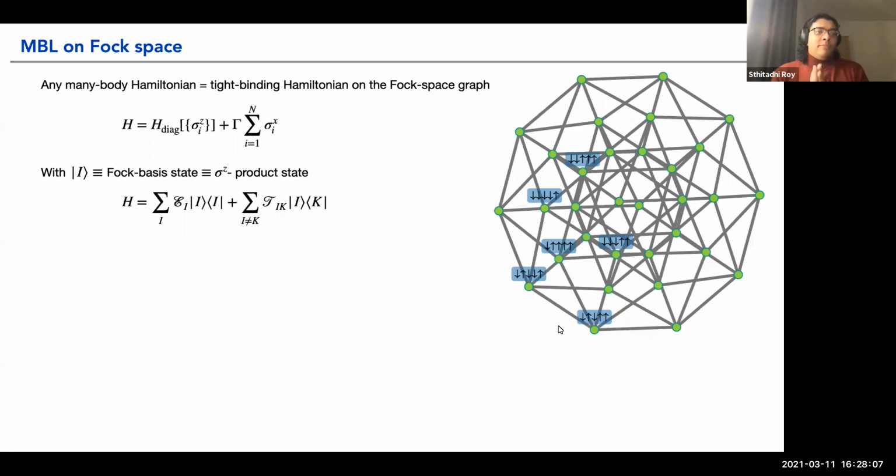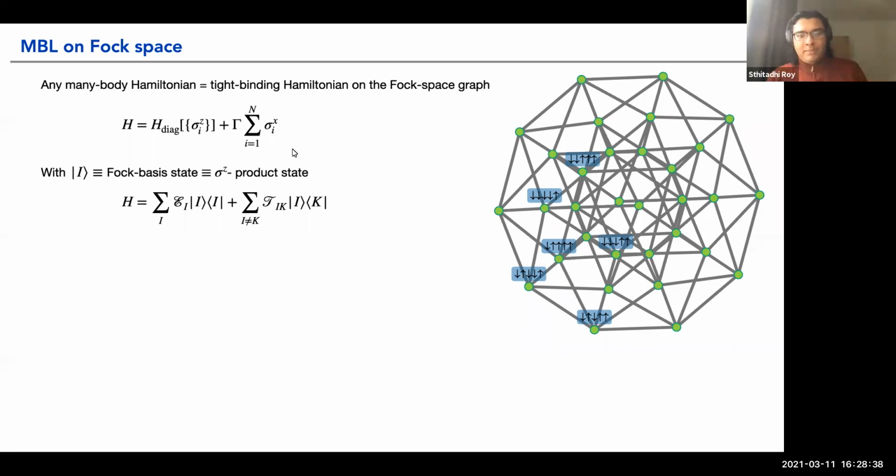So we consider the problem of many-body localization on the Fock space. And that is because any many-body Hamiltonian can actually be written as a tight-binding Hamiltonian on the Fock-space graph. For example, if you give me a spin-half system, I can basically club together all the terms in the Hamiltonian that are made up of sigma z and identity operators and call it the diagonal part of the Hamiltonian in the basis of sigma z product states. And I can have a spin flip term, which basically gives me the quantum fluctuations.